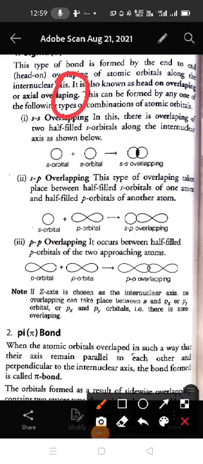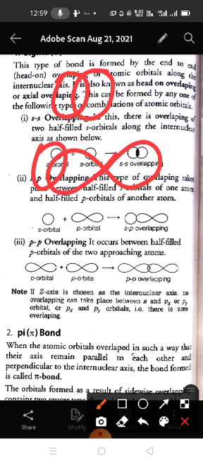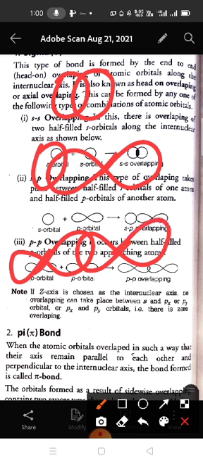If s and s orbitals overlap together, it is known as ss overlapping. Next, if an s orbital and a p orbital overlap together, this is called sp overlapping. Next one is pp overlapping. If this axial p orbital and another axial p orbital overlap together, they will form pp overlapping.